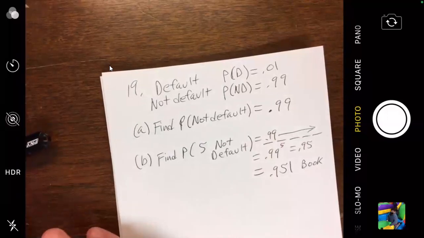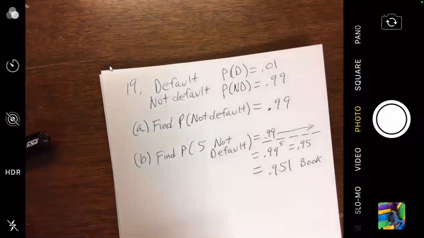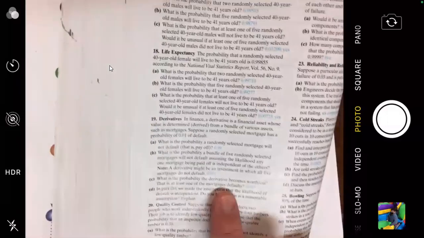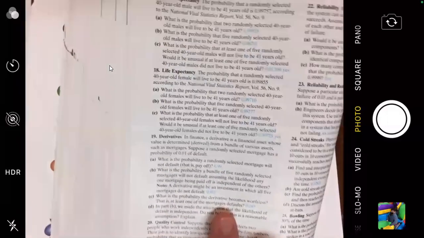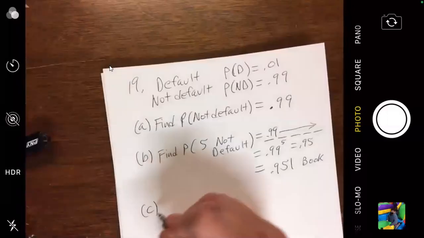Okay, all right, so what is the probability at least one? Yeah, see, they're wording this badly. They really should say at least one of the 5. They're really referring to B, but they're not explicitly saying at least one mortgage defaults. So we'll assume that's what they mean.